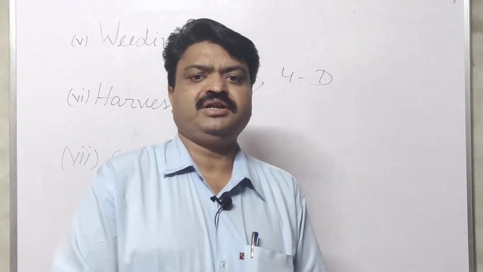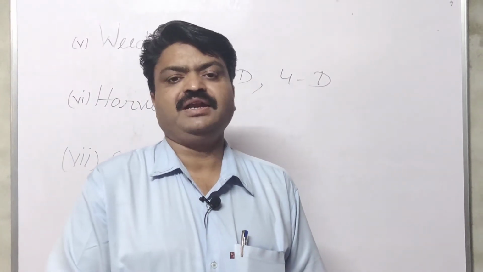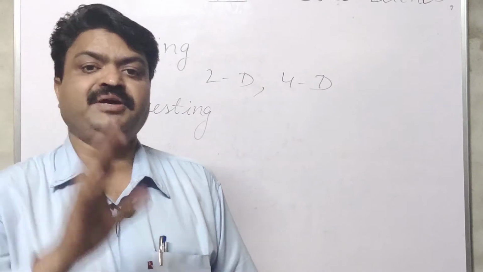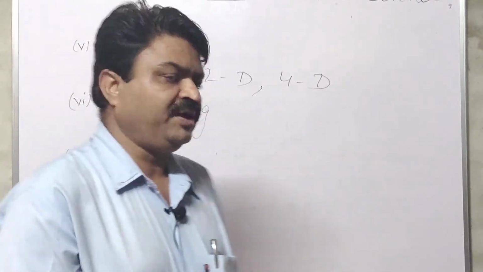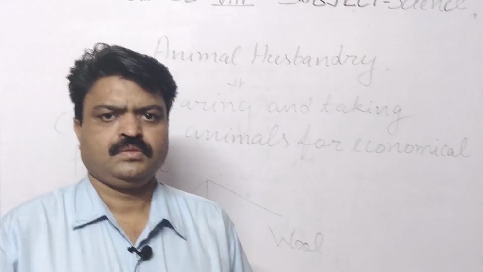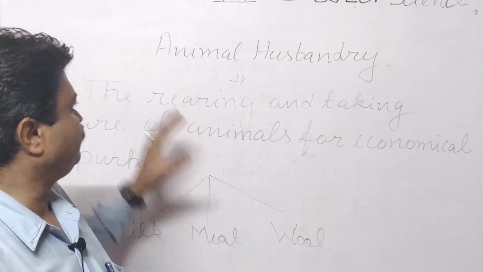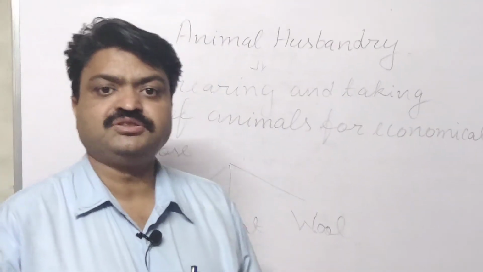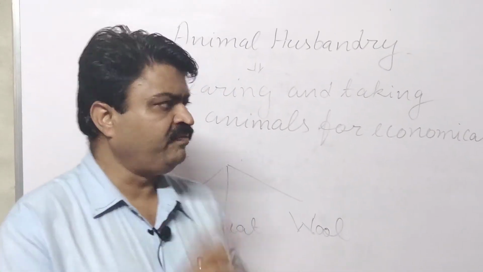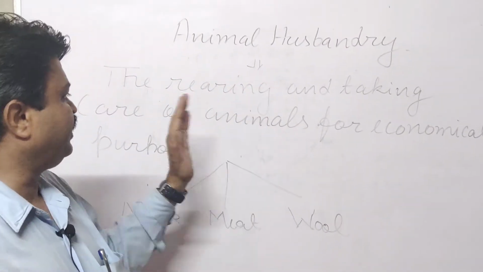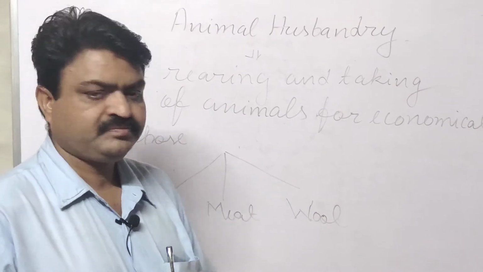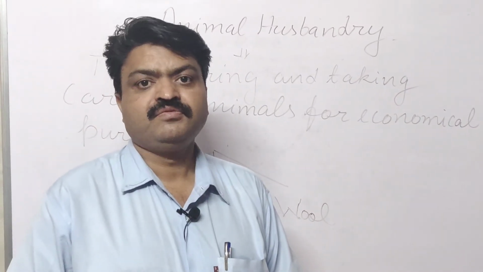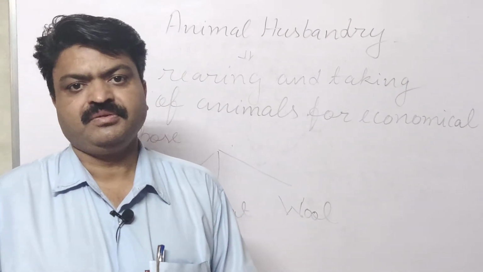Now we come to the next, that is known as animal husbandry. Yes, student, now we will discuss animal husbandry. Animal husbandry is the branch of agriculture, student, in which the rearing and taking care of animals is done by the farmer for economic purposes.